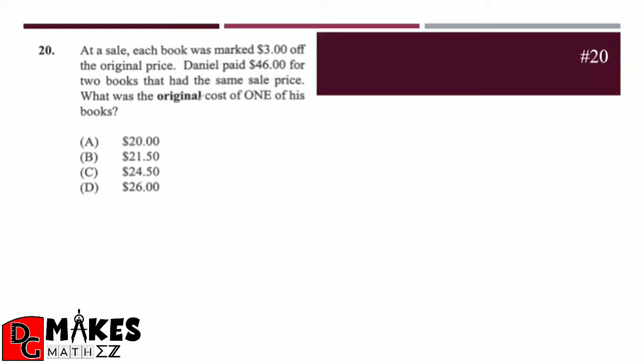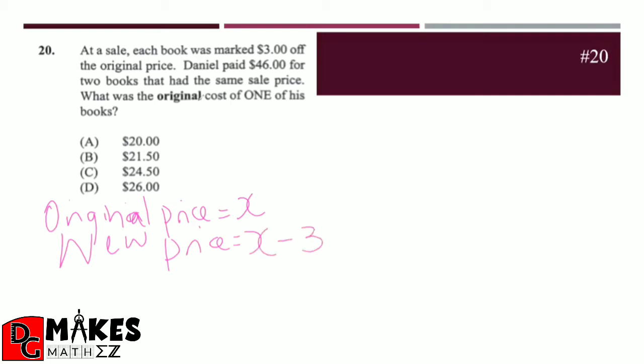What was the original cost of one of his books? So the original price, we don't know it yet, so we are going to call that X. And then for our new price, since we know that it is $3 less than X, we're going to call that X minus 3.